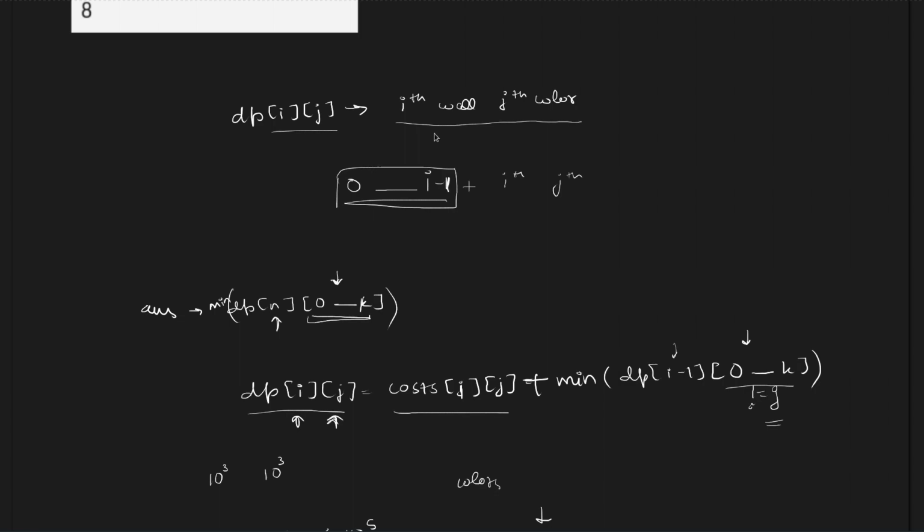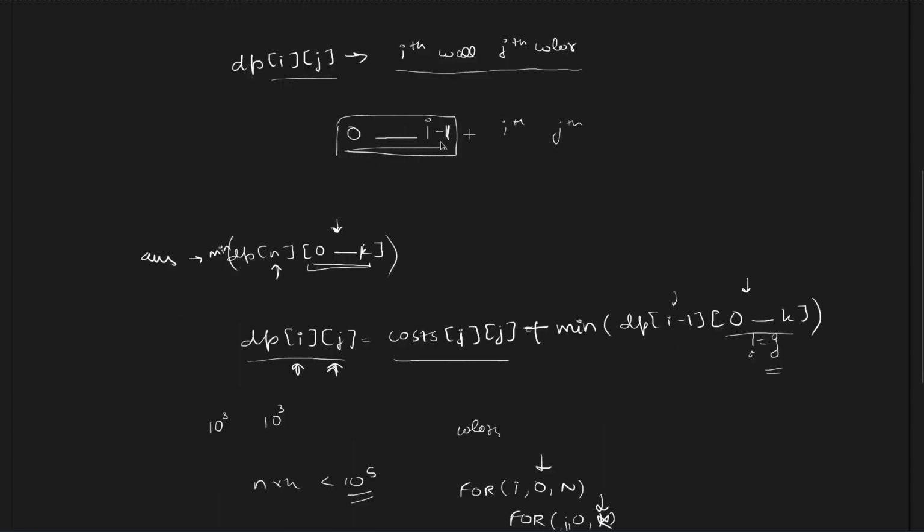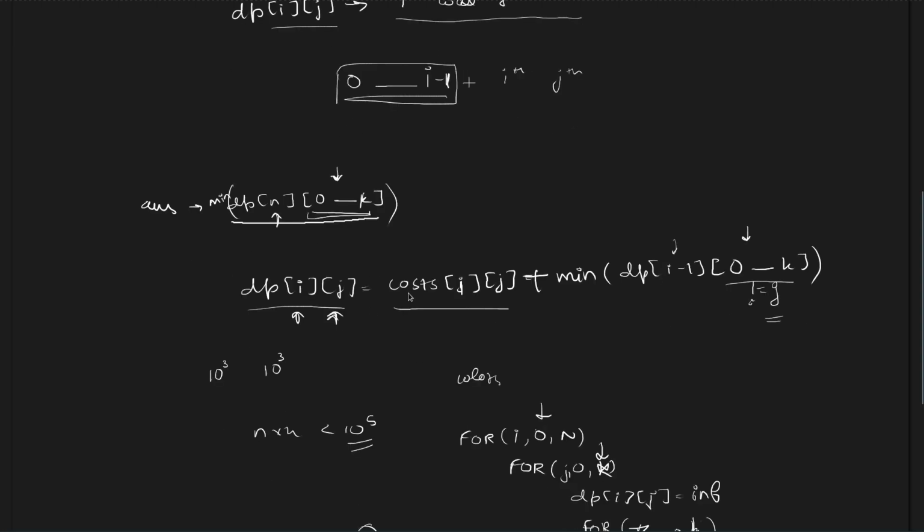Also, I've already computed the answer of coloring the walls from 0 to i minus 1 in DP of i j. Right. So it will store the answer from 0 to i minus 1 plus coloring the ith wall with the jth color. Right. So naturally my answer would be at DP of n minus 1, and the index can be anything. I'll have to take the minimum of all the indexes, right?